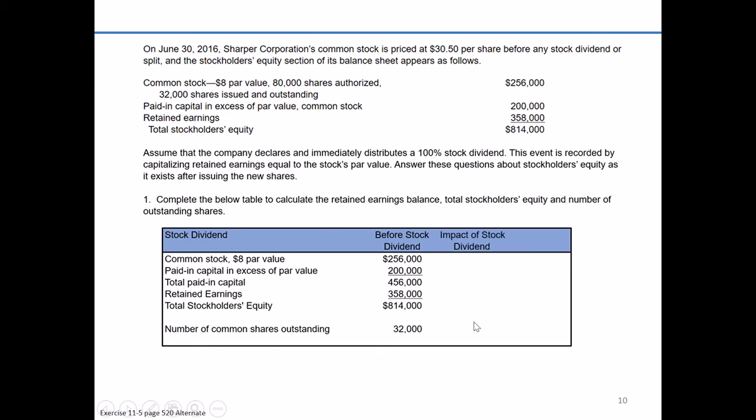Now we start getting into the tougher part. What is the specific impact of the stock dividend? I think it's a little cumbersome to start jumping in and figuring out, does it impact common stock? Does it impact retained earnings? Let's do an easier point first and gain some confidence here. How does it impact the number of shares outstanding? I mentioned a stock dividend is, in essence, we're giving more shares to our existing stockholders.